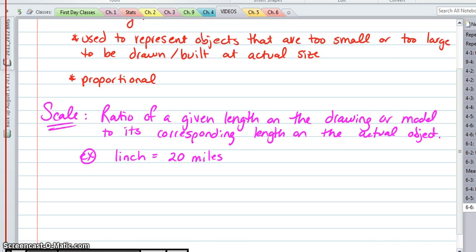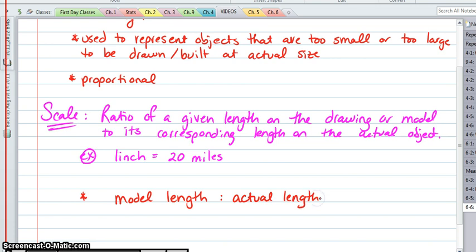Just a few notes about scale. This is the nitty-gritty. They are written so that a unit length on the drawing or model is listed first. So what does that mean? Well, you will always see the scale written with the model length. So in this case I wrote 1 inch. That would be the model or the map. To the actual length.